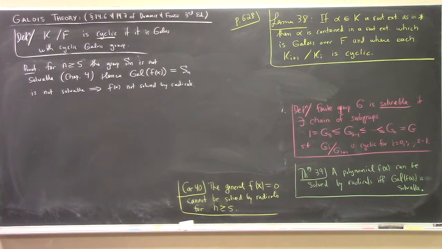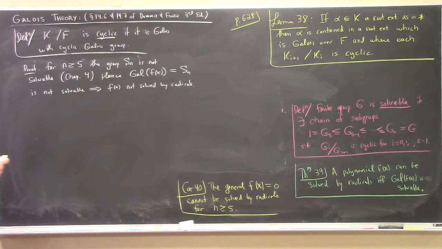But he says, to give an example of a specific polynomial over Q of degree 5 whose roots cannot be expressed in terms of radicals, we must demonstrate a polynomial of degree 5 with rational coefficients having S5 or A5, which is not solvable, as Galois group.